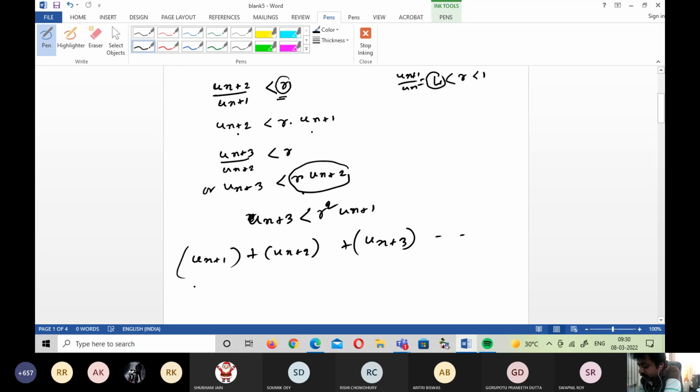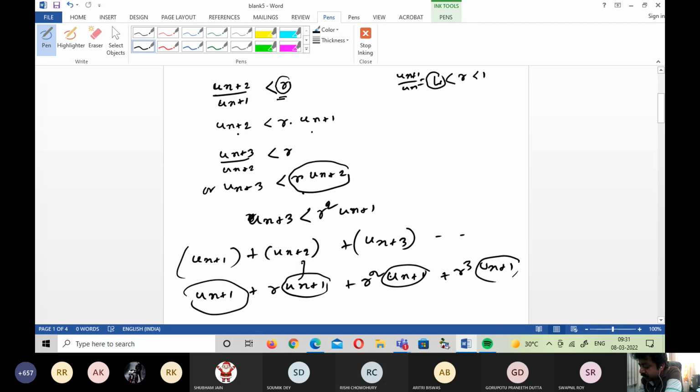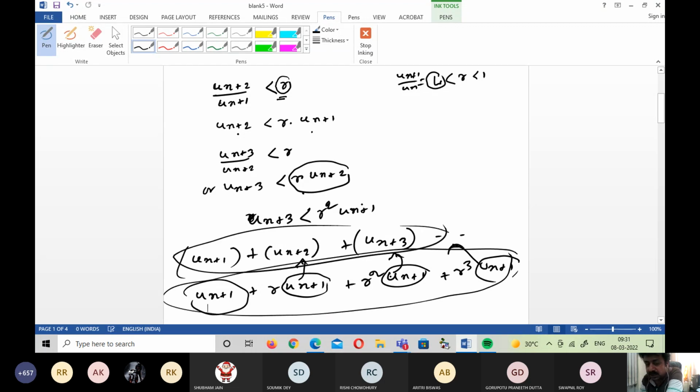Now you have considered another series with terms like u(n+1) plus r into u(n+1) plus r square into u(n+1) plus r cube into u(n+1). Now this very particular series, every term here is larger than this, larger than this, larger than this. So this larger series, if it is convergent, then this is obviously convergent. Is it true or not?